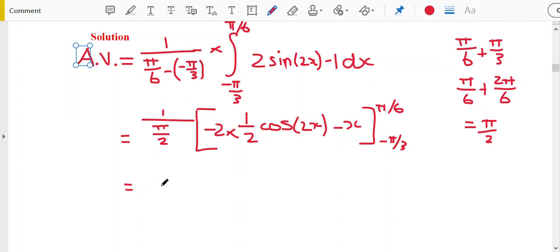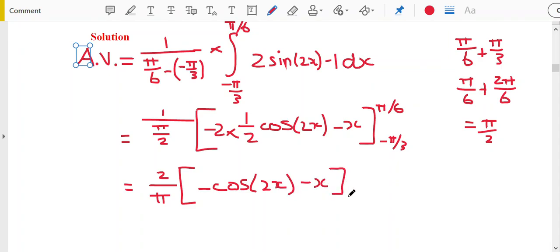The number at the front will be 2 divided by pi. And we'll clean up this antiderivative. So negative 2 times a half, just minus cos 2x, take away x, all between minus pi over 3 and pi over 6.